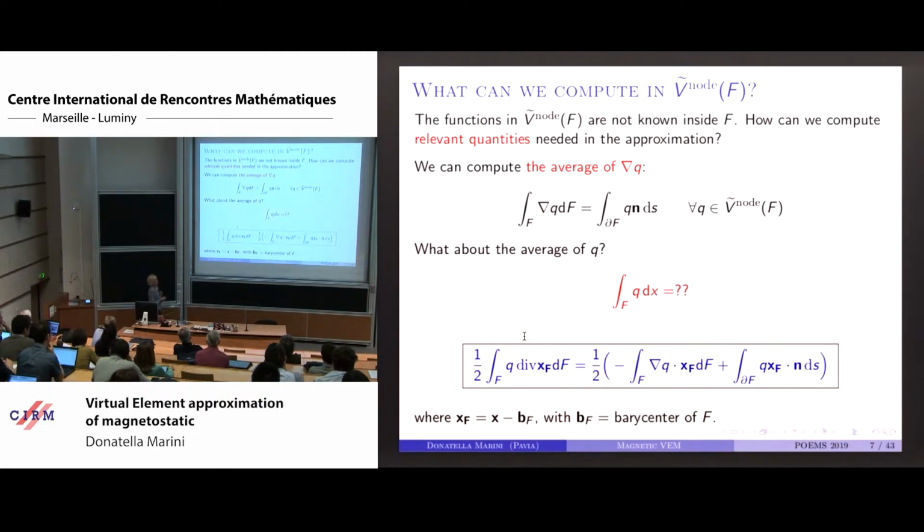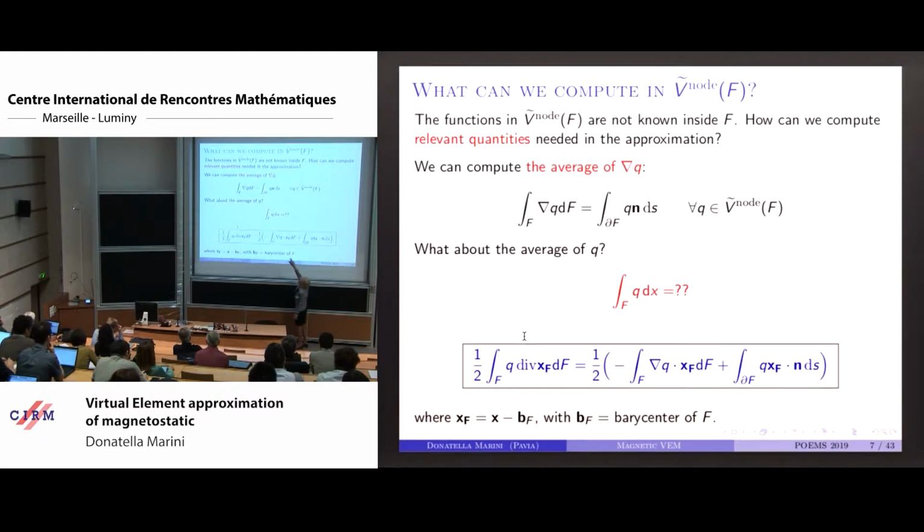But simple quantities like the average of q inside are not computable from these degrees of freedom. Then we observe that the average of q can be written in this way: divergence of what? This is x minus the coordinate of the barycenter. We integrate by parts. On the boundary, we can compute this because q is known on the boundary, but this we cannot compute.